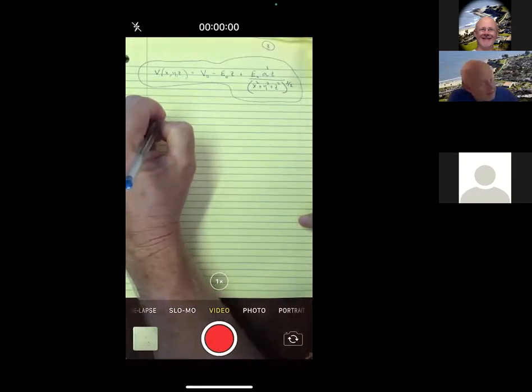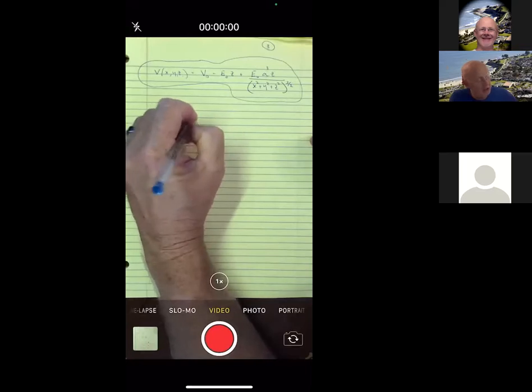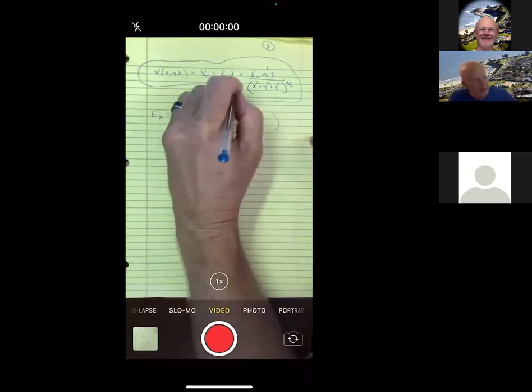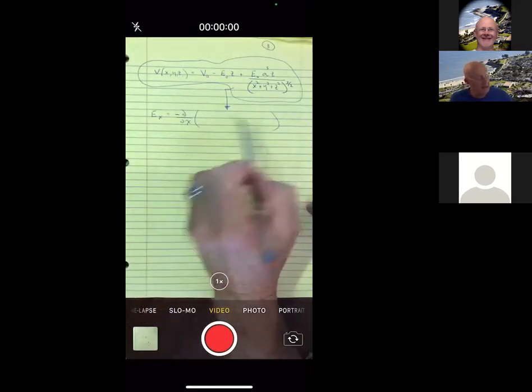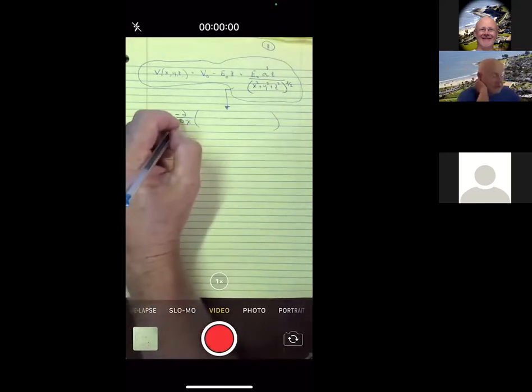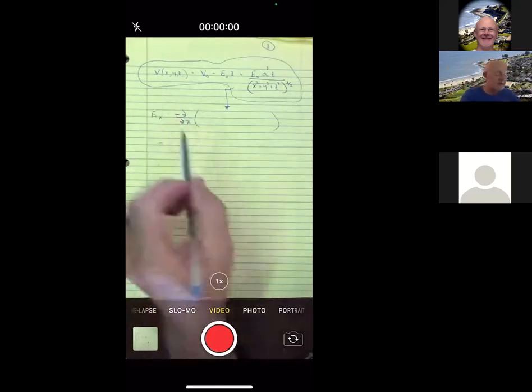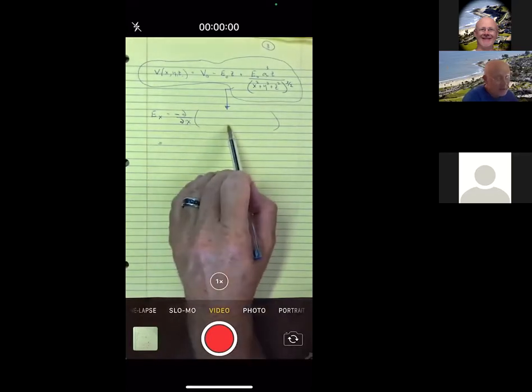So the electric field in the X direction would be minus the derivative of the potential, and I'll save a little time and not write out all that. Because again, taking the derivative means anything that doesn't have an X in it needs to be treated as a constant, and the derivative of a constant goes to 0.